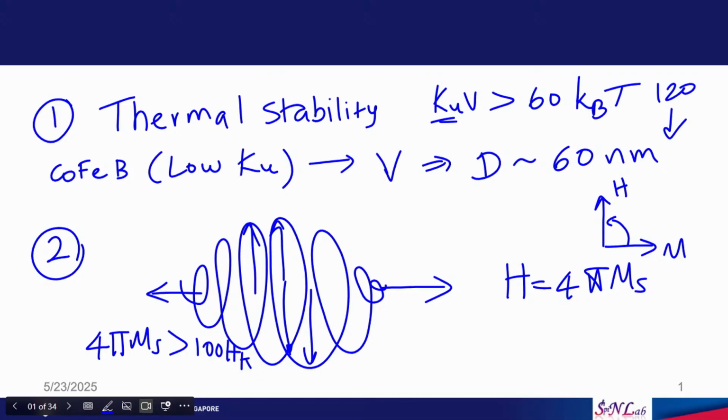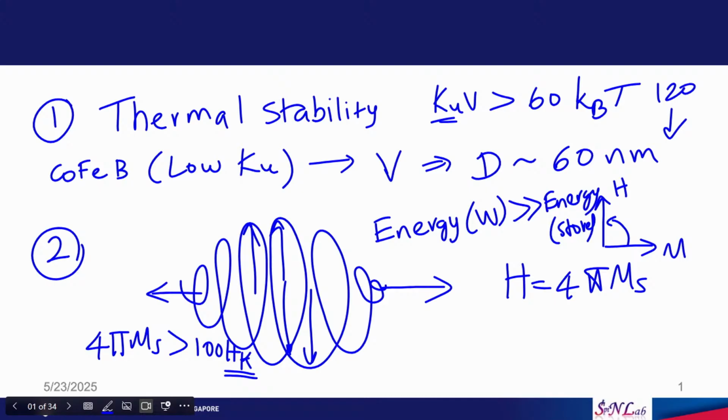The anisotropy field that retains the information in plane MRAM is 100 times smaller than the 4 pi Ms. Okay. So, we are spending too much energy to write. Okay. The energy to write is much more than the energy to store information. Okay. So, it is a waste of energy.